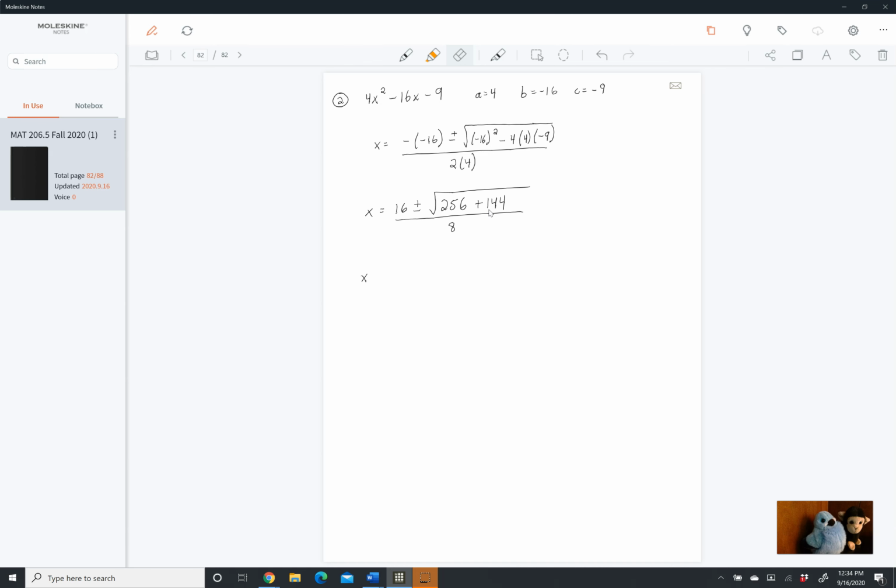So now figure out your square root. So 256 plus 144 gives us 400. And we're dividing by 8. And it turns out that 400 is a perfect square. This is 20.